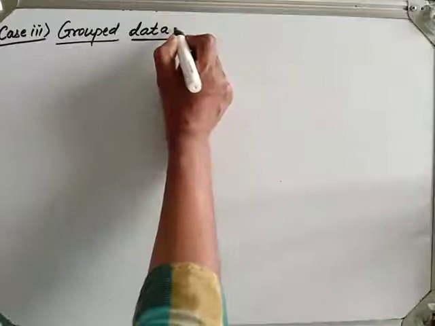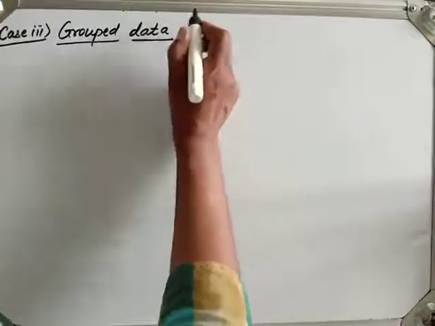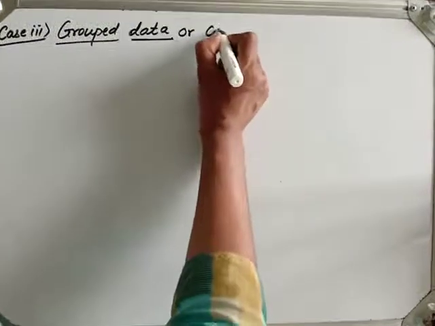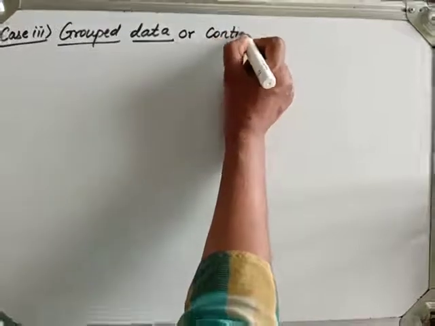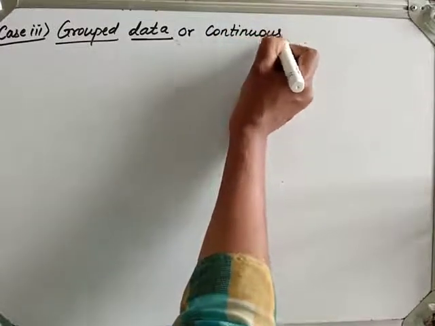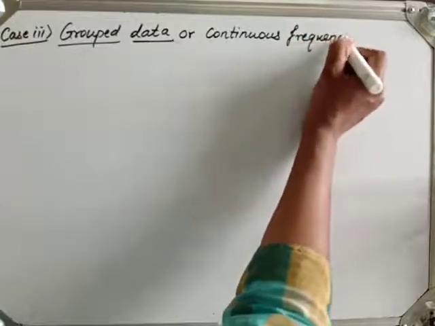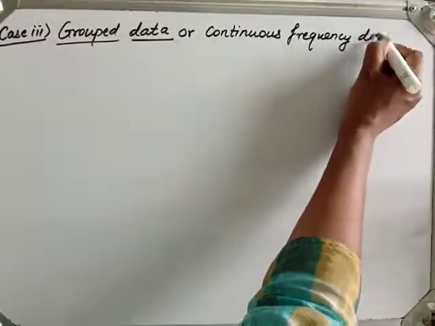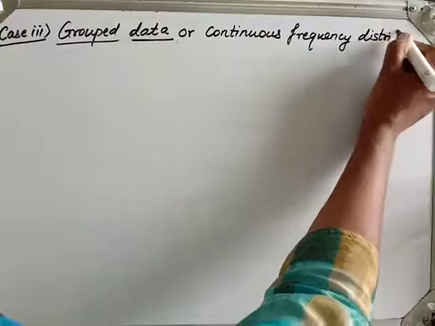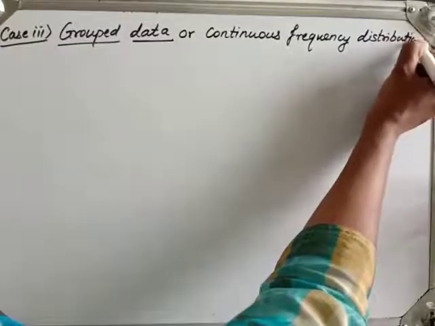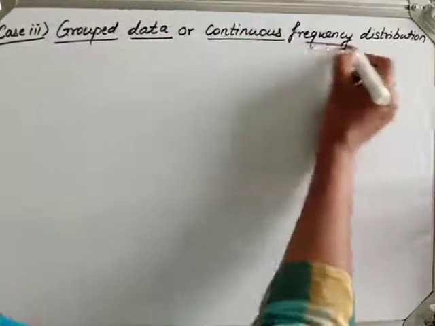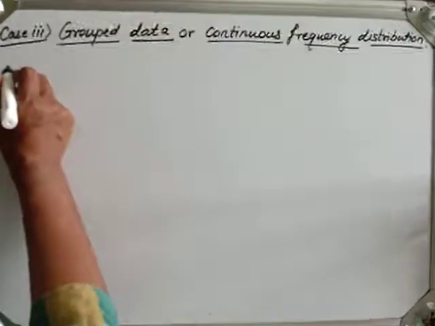So here, same as for a continuous frequency distribution, arithmetic mean is obtained by two methods.